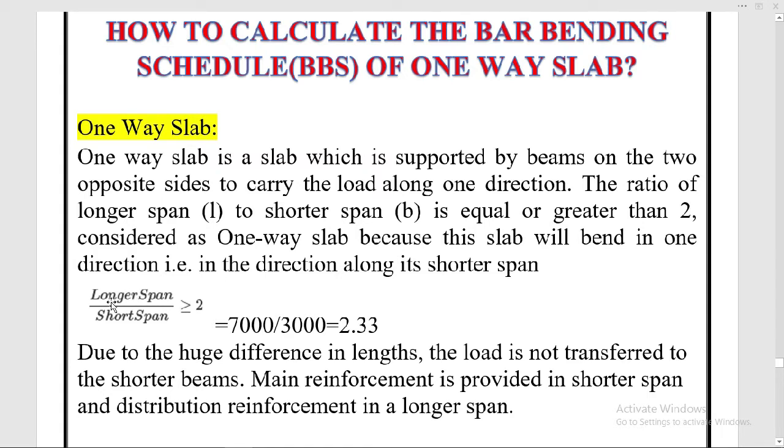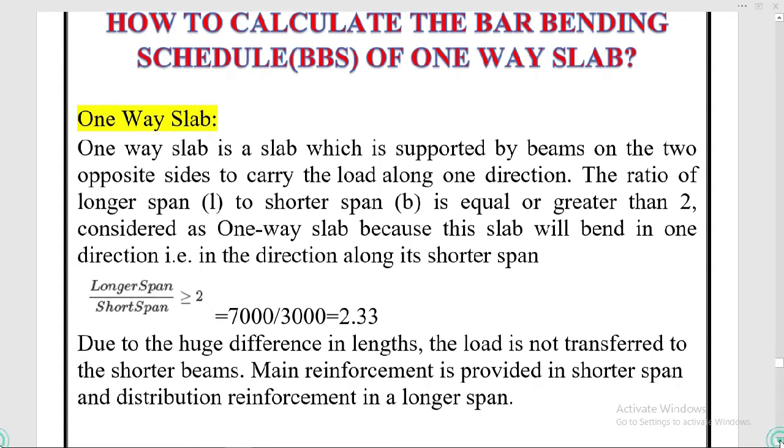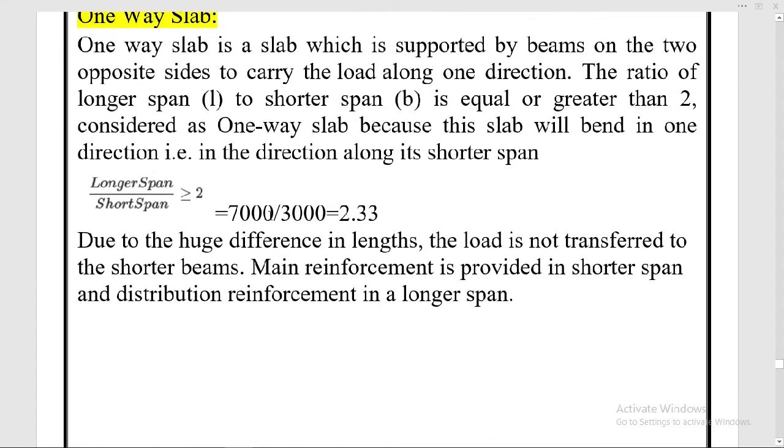This is the formula to calculate whether the slab is one-way or not. Longer span divided by shorter span: if it is equal to or greater than 2, then it will be a one-way slab. Here in our case we have 7000 millimeter longer span and 3000 millimeter shorter span.